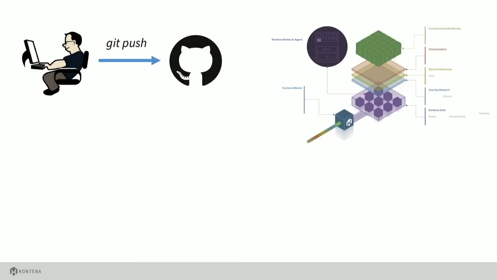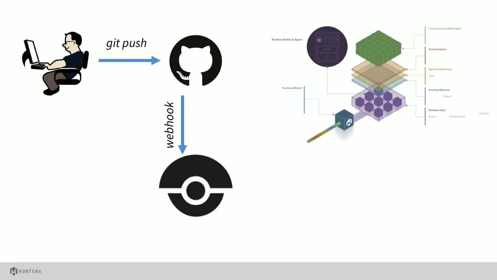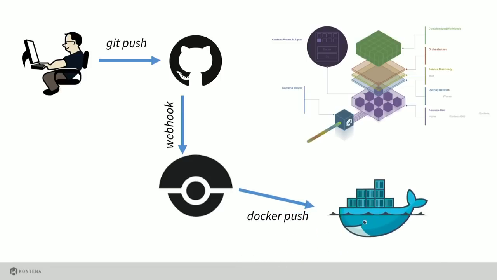I of course do a git push to GitHub, and that then automatically triggers a webhook to Drone.io that I will set up in a few minutes. And then in the build pipeline, there's a Docker step, so it pushes my freshly made Docker image to Docker Hub. And after that, we give an instruction to the Kontena platform to deploy these new images into production. And then of course the Kontena platform takes care of pulling the fresh images from Docker Hub and instantiating new containers, reconfiguring the load balancer and everything for you automatically.